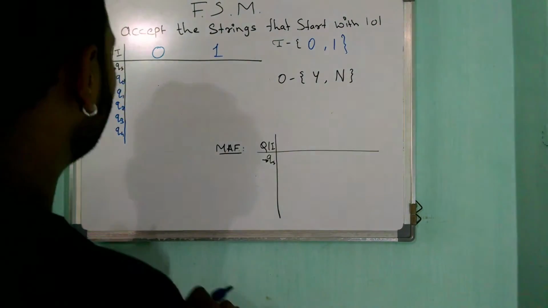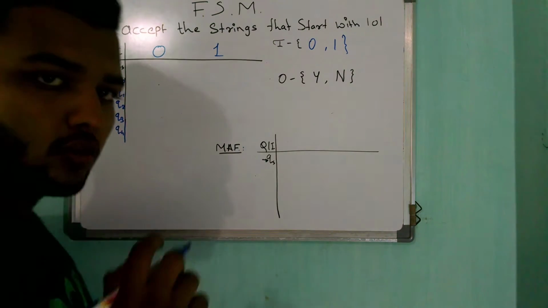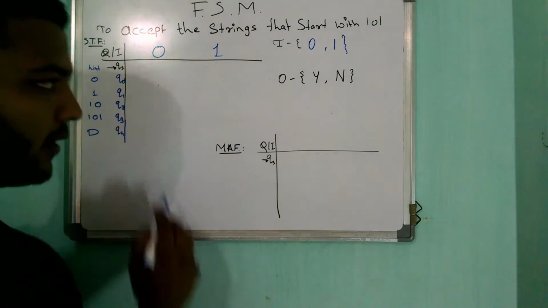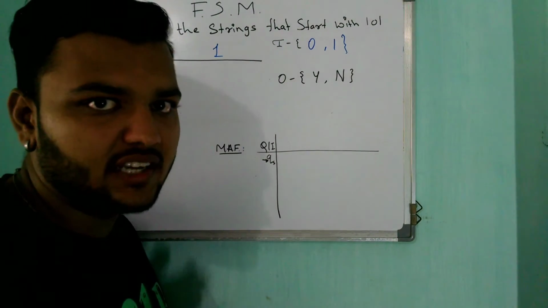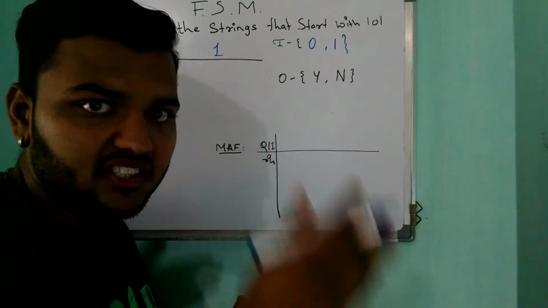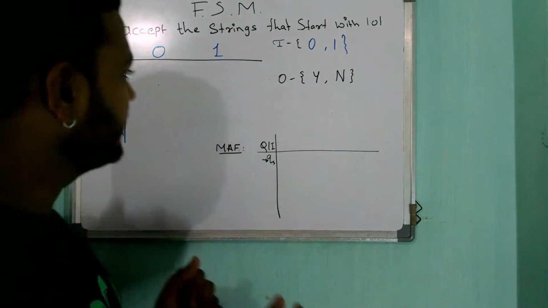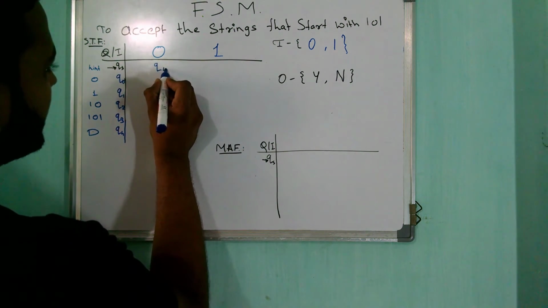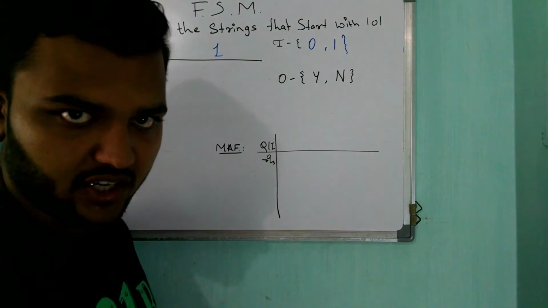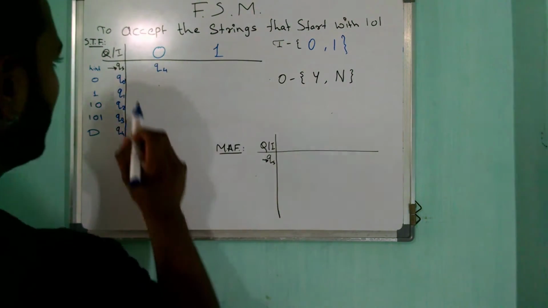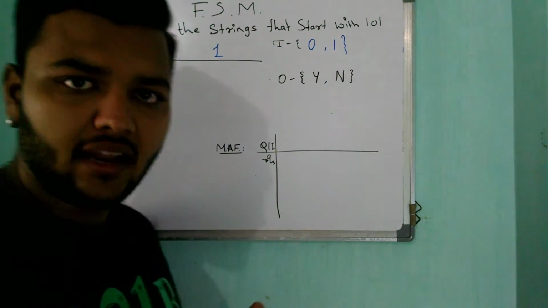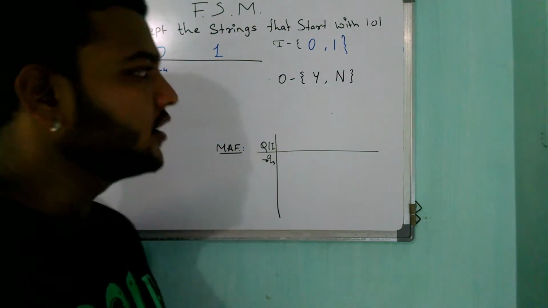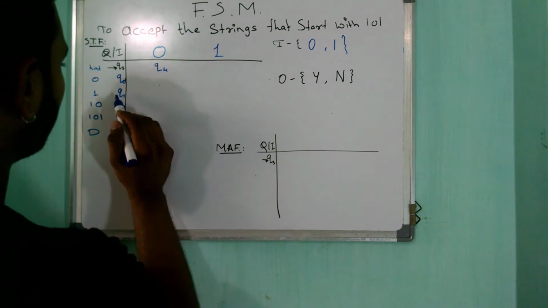So let's start solving the problem. At the start we got 0, but we only accept strings that start with 101, so in the starting we need 1. If 0 comes at the start, we directly go to Q4, the dead state. We don't want it. If 1 comes at the start, our string can still get accepted, so we go to Q1 where 1 comes.